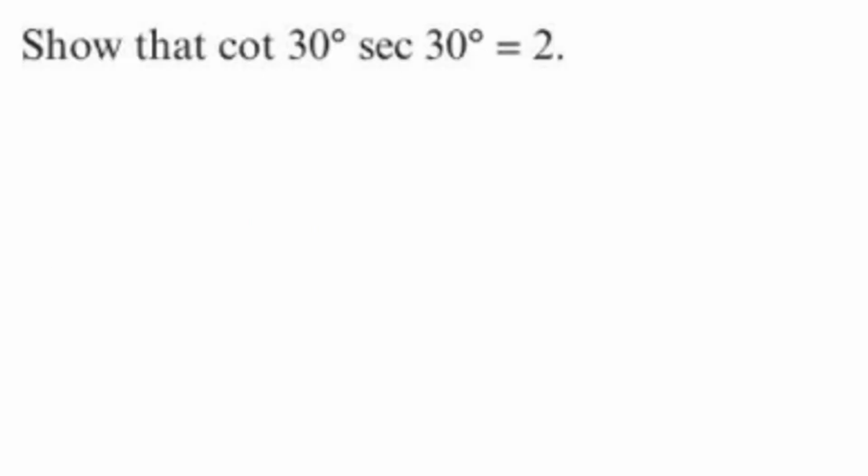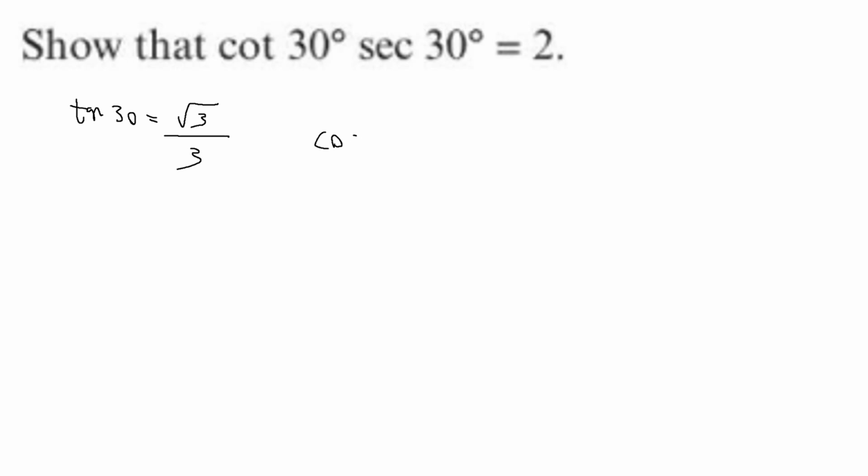Now let's learn how to actually use these functions. So show that cot 30 sec 30 is equal to 2. Well, we know that tan 30 is equal to root 3 over 3, okay?